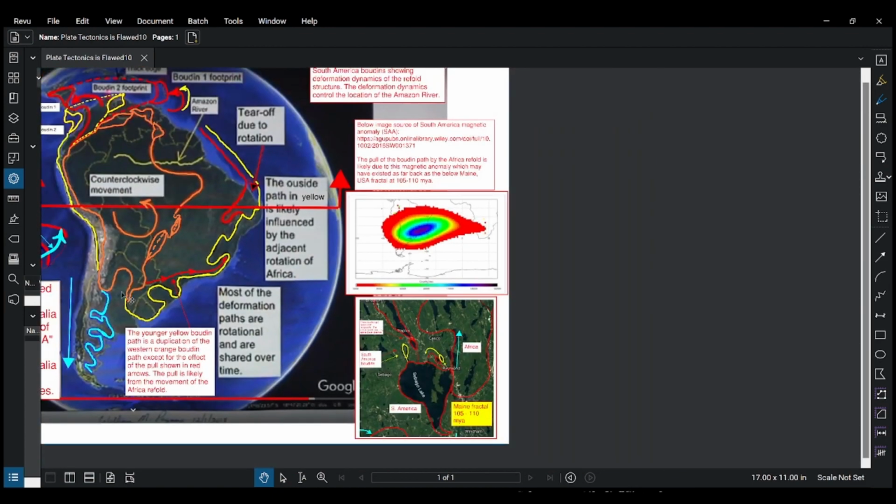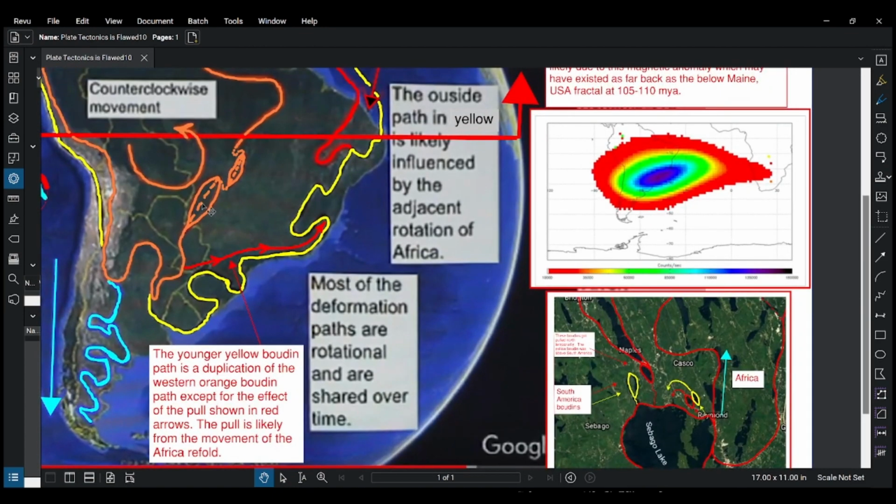So what happened was, if you take the orange path right here, and you physically pull that right here, see the red arrow? If you pull it like that, you would end up with what you have later on here. See that? Just pull that along the line, and you see this orange shape here?